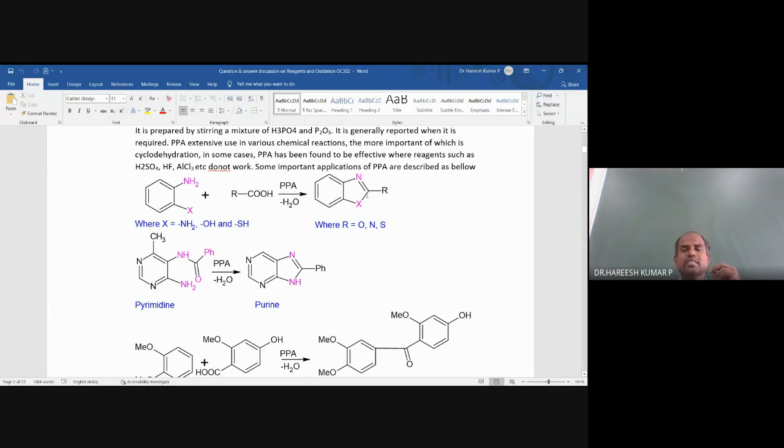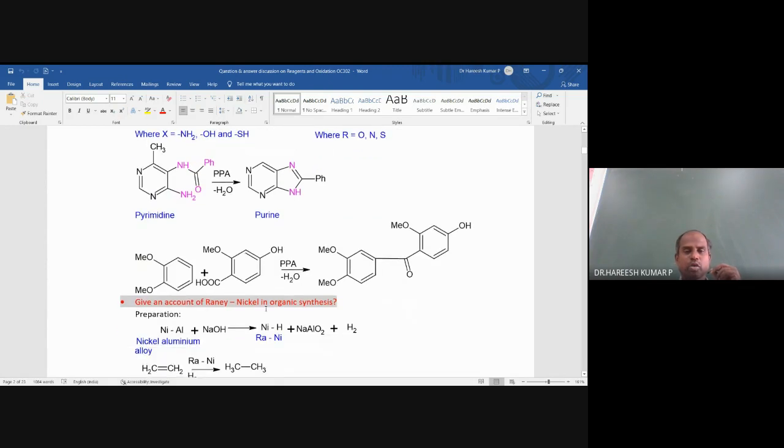And in this case, it is possible to prepare benzoxazole, benzimidazole, and benzothiazole. So it's a general reaction, but in this it is possible to prepare benzoxazole, benzimidazole, and benzothiazole. But purine also it is possible to synthesize by employing PPA as the reagent.